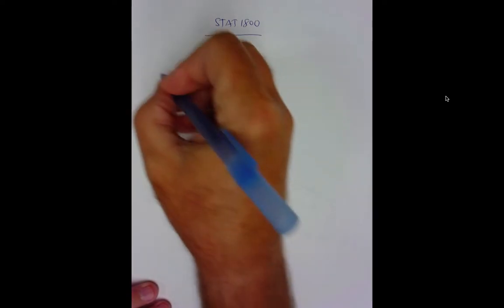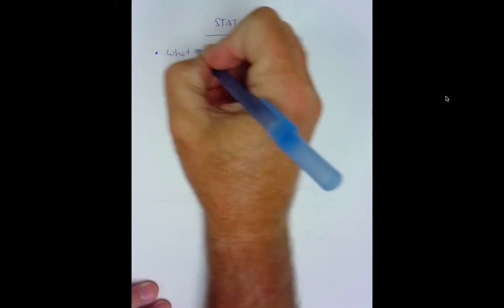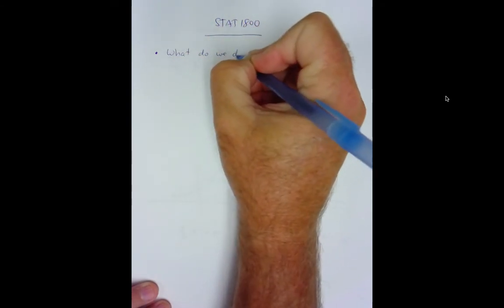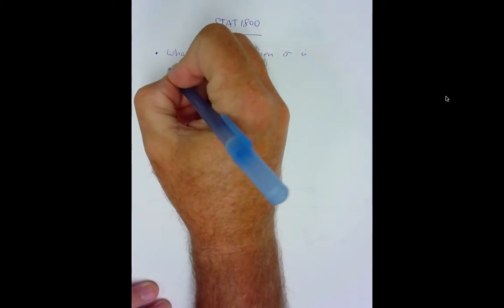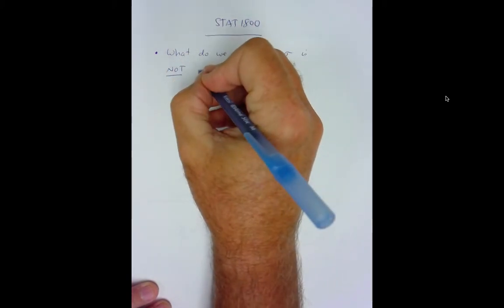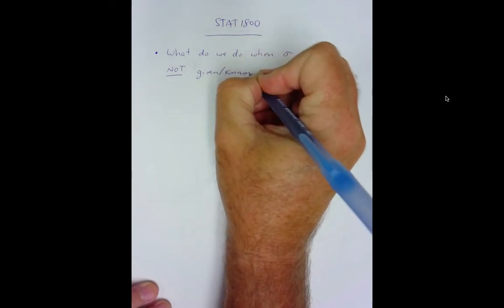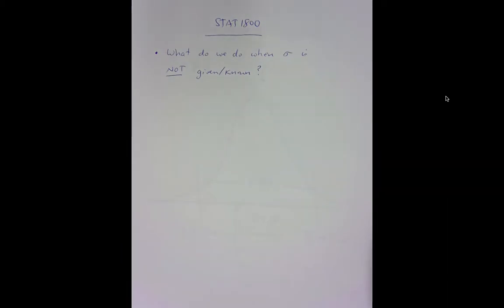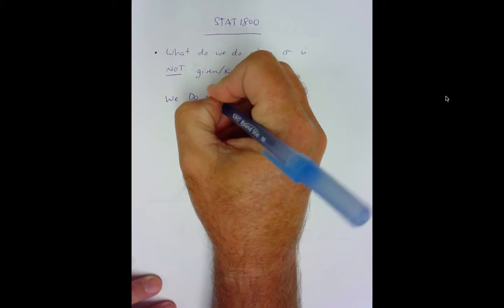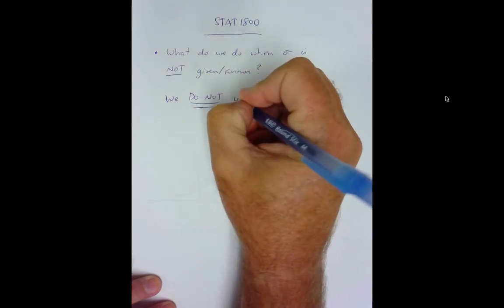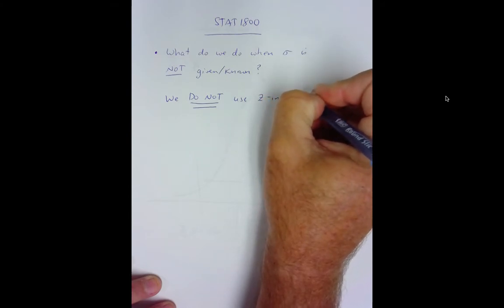I guess the overarching question here is, what do we do when sigma is not given, or not known? Well, first of all, we do not use a z interval.